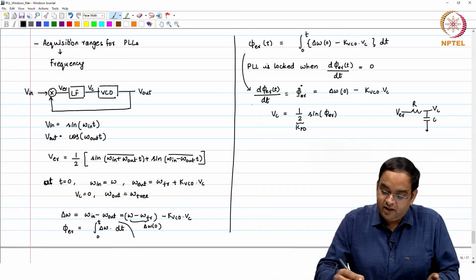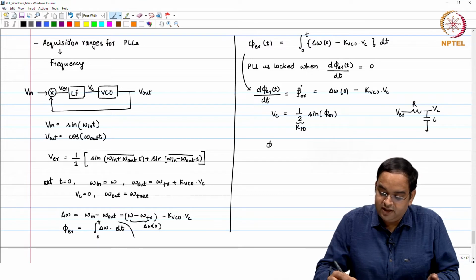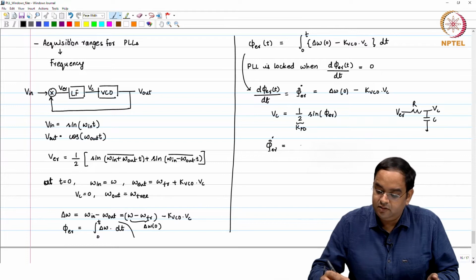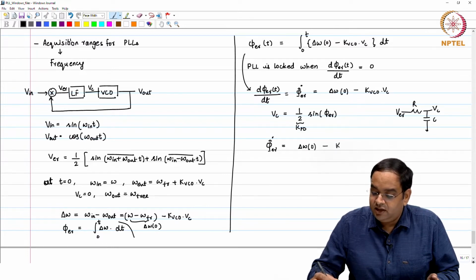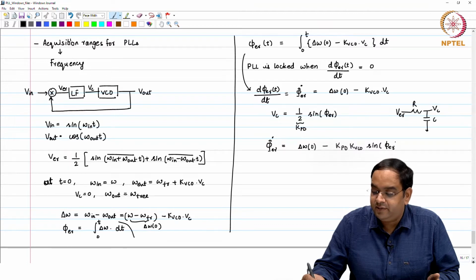So, writing it again from the phase error derivative equation, this is equal to delta omega 0 minus KPD times KVCO into sine of phase error.